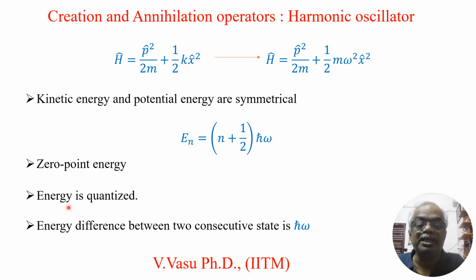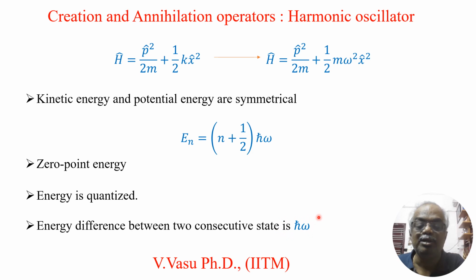Then the energy is quantized. n is an integer, so the energy varies in integer steps of h cross omega. So energy is quantized, it's a discrete one, and the energy difference between two consecutive states is h cross omega.